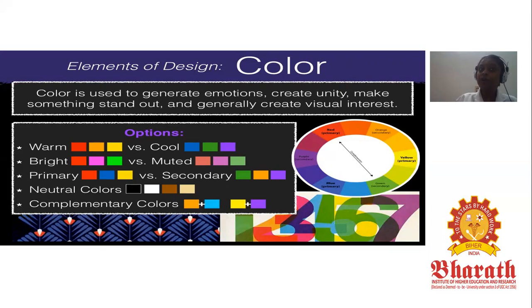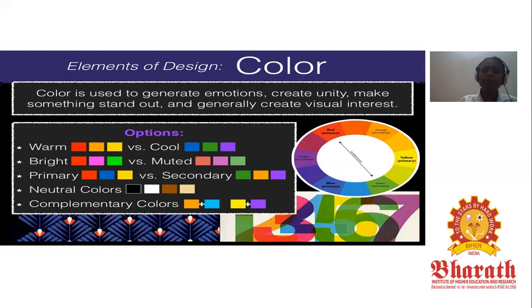When you mix one primary and one secondary color, you get tertiary colors. So these are the basic colors. You can mix a lot of colors. Thousands of colors are there, whatever you want to make by mixing.